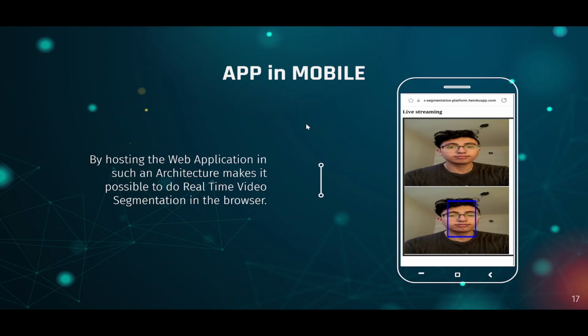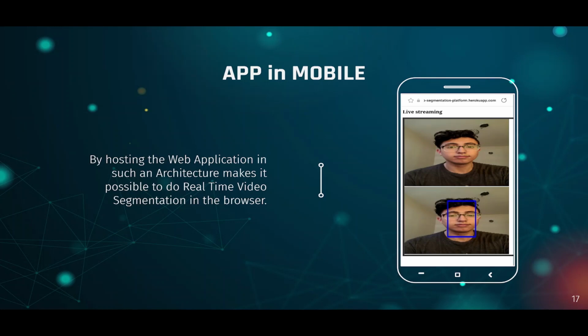As we can see here, here is the demo of the mobile app provided by Heroku. The problem with this platform is that it does not detect my eyes completely. It just detects my face, which is a byproduct of not being able to choose the exact performance of our container.